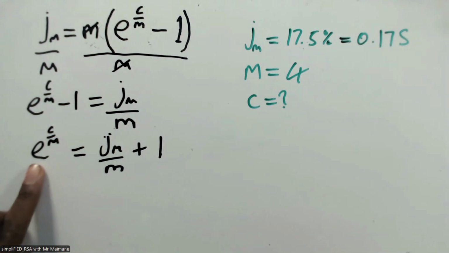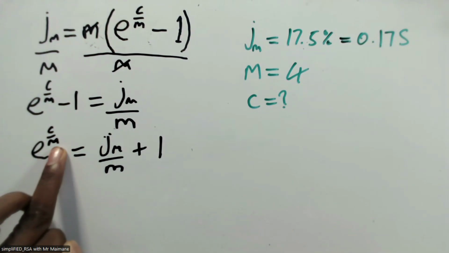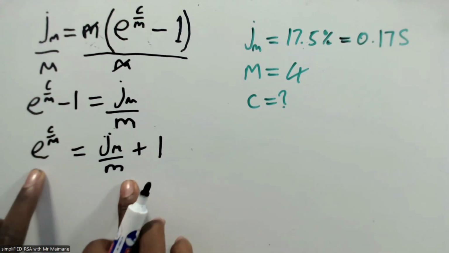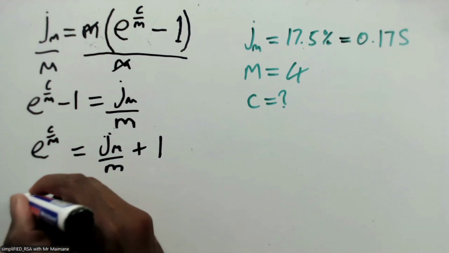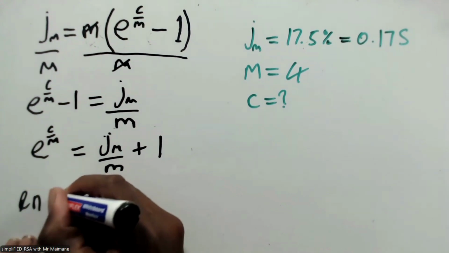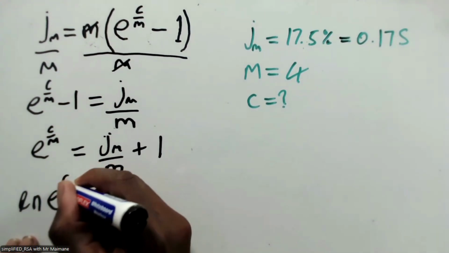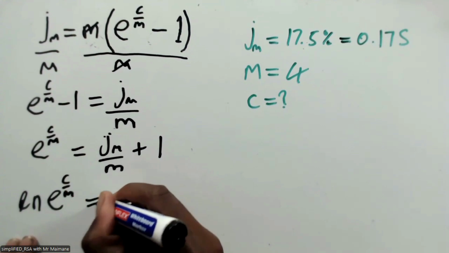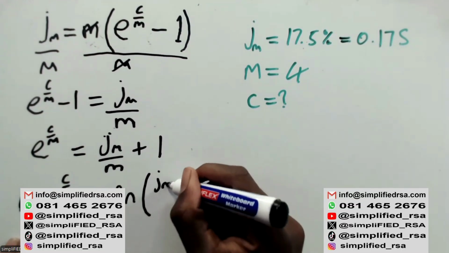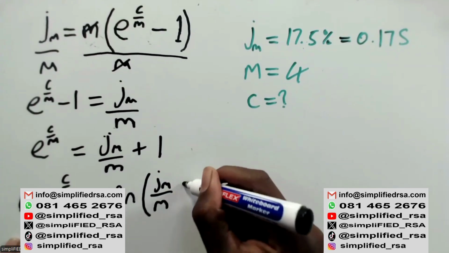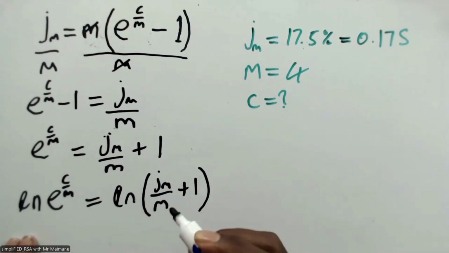Now I introduce ln on both sides to remove the e: ln of e^(c/m) equals ln of (J_m over m plus 1).